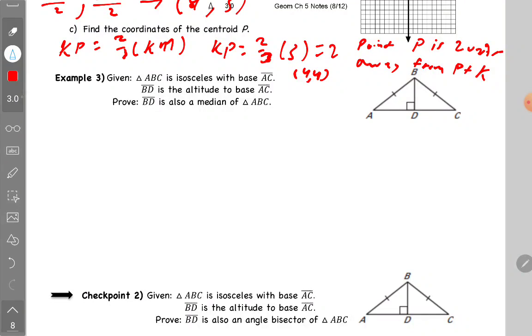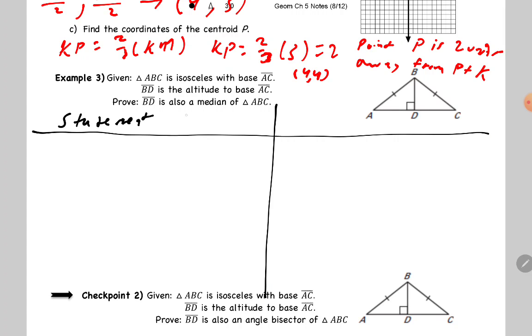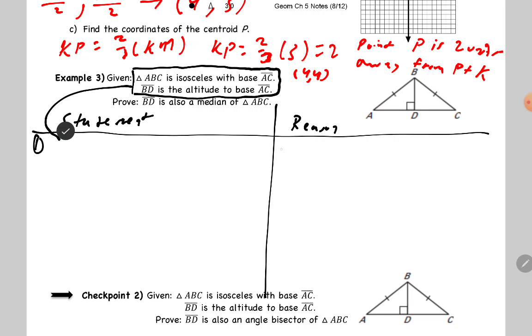Let's go ahead and do these. Statement, reason. Alright, so this is my first statement, and that's given. So I can move on to the second.